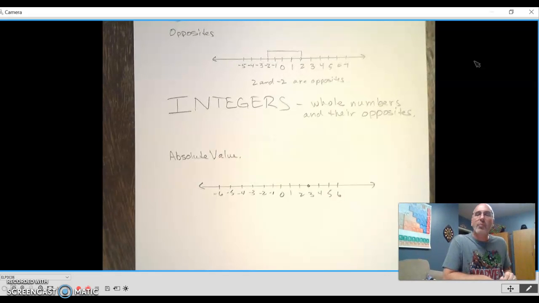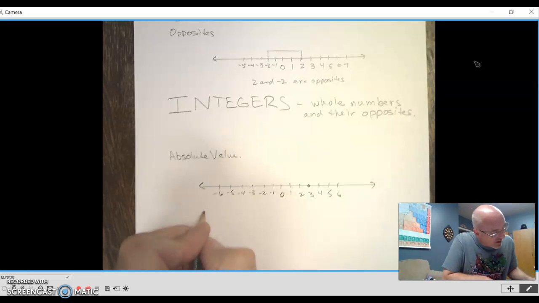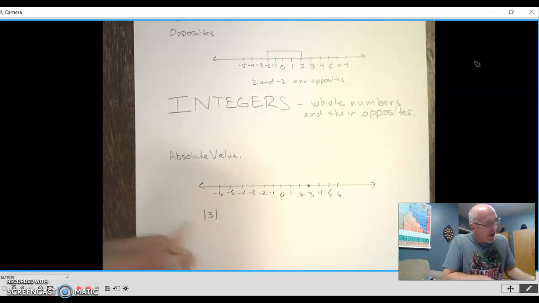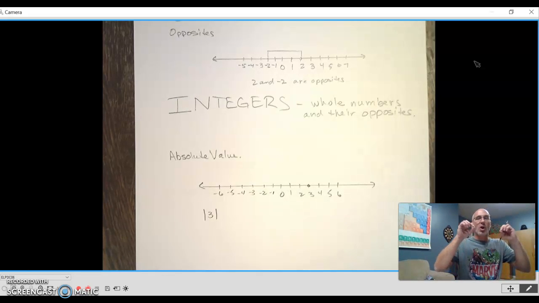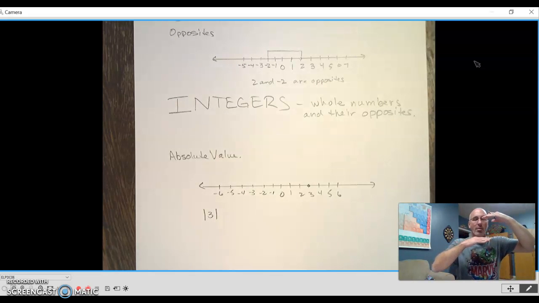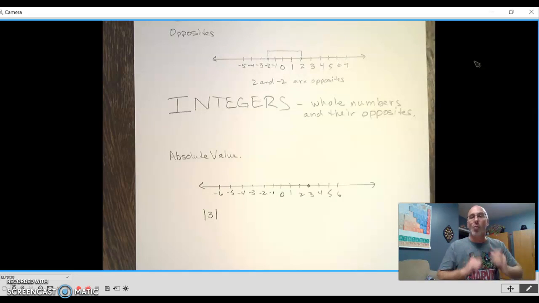The way I write this, remember mathematics, we always have a way of writing things. We have these two vertical lines, and if we put them on both sides of a number, that says absolute value. We usually make these a little bit longer so that they go above and beyond the tops and the bottoms of the number. We don't want to mistake them for ones.